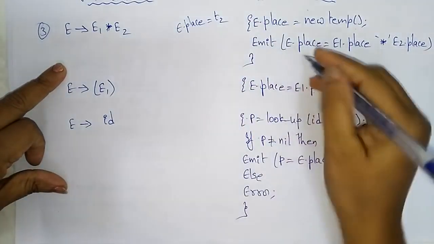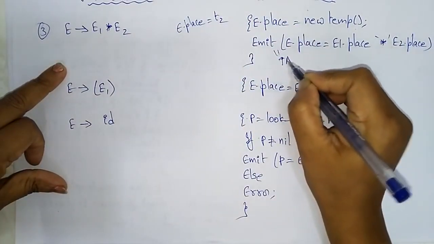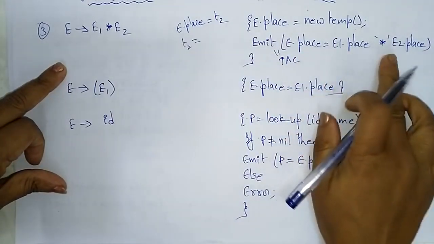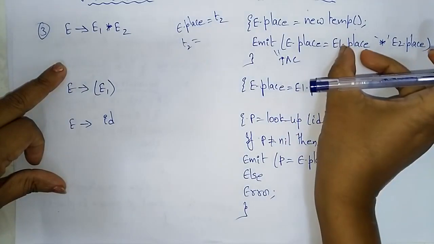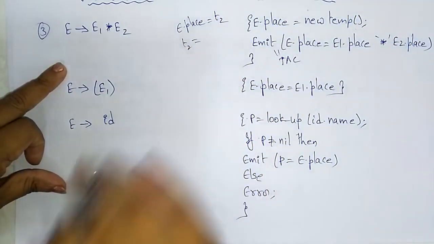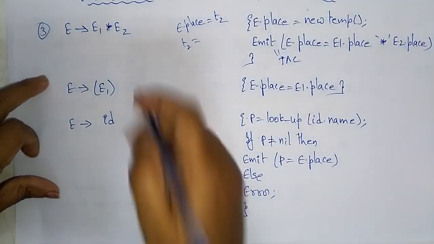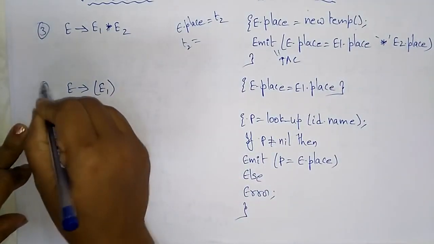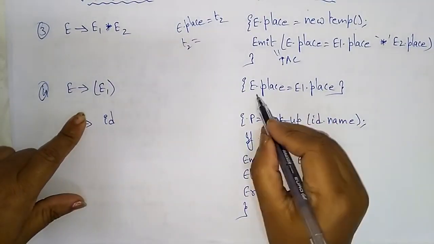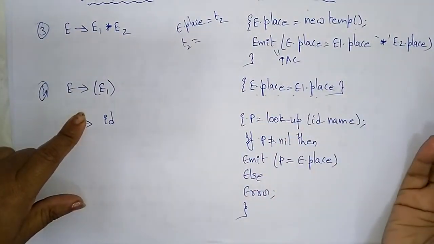Now we generate a three address code for this, that is T2 is equal to E1 dot place into E2 dot place. Whatever the values present for E1 dot place and E2 dot place, they will be assigned to the temporary variable. That is production number 3. Now the fourth is E determines (E1). Here we just assign E dot place is equal to E1 dot place.